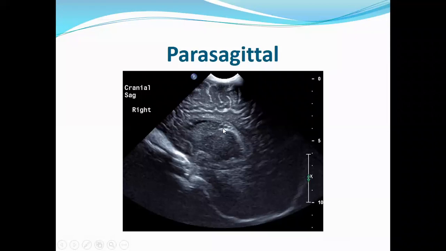The choroid plexus must be white. This is the periventricular white matter. Choroid plexus is more white than this. If you see that the periventricular white matter is as white as the choroid plexus, you know it's a problem.